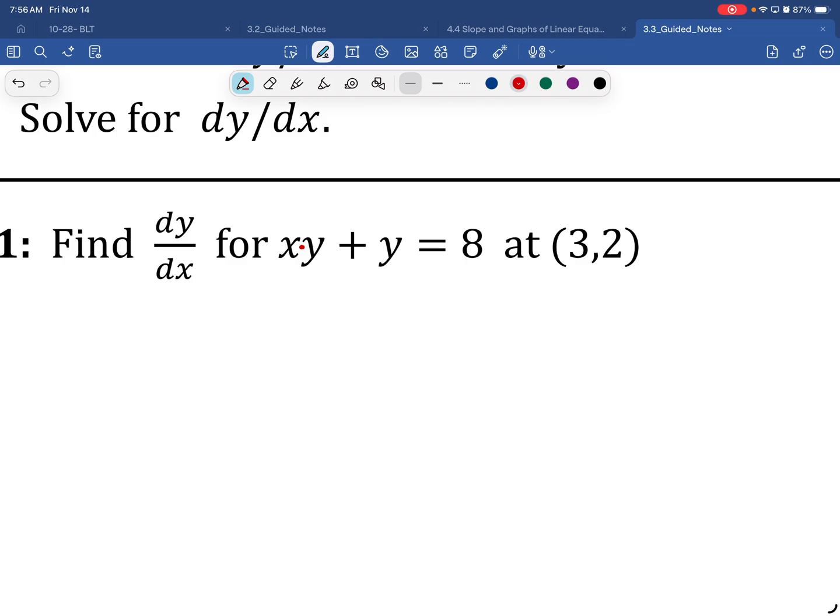The derivative of x is just 1 times y, plus x times the derivative of y with respect to x. You could write y prime there if you wanted to. It's the same thing, dy dx. And the derivative of 8 is 0.